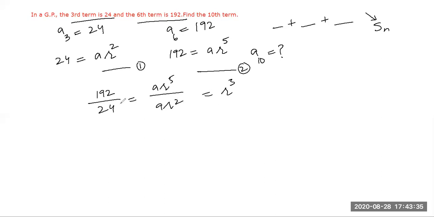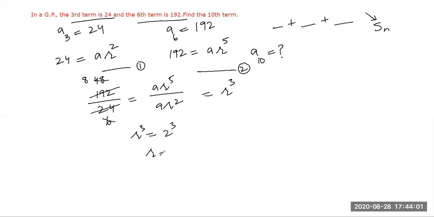Am I right? And this will be, yes, can anyone guess? Okay, fine, we'll divide. 8 is the answer. r cube is equal to 8. Correct. 8 can be written as 2 cube.